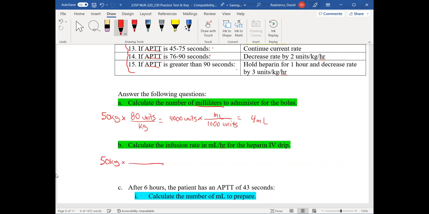What was our initial infusion rate? Well, it told us 18 units per kilogram per hour. That'll give us 900 units per hour.